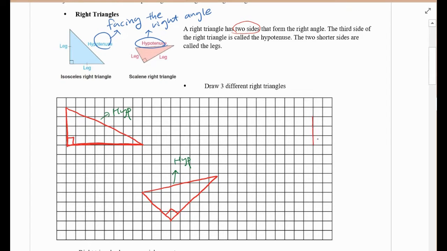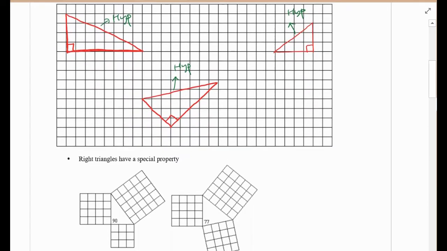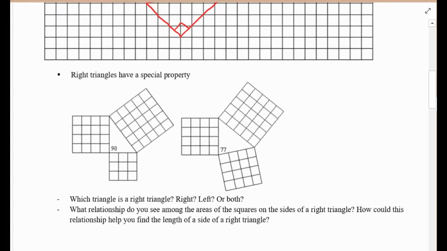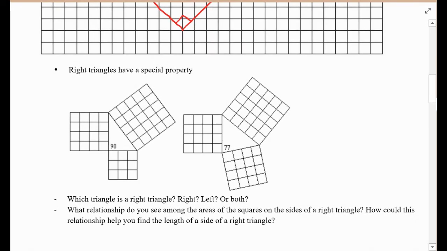And also I can draw this way. This is a right angle, and this is the hypotenuse. Okay, two legs and one hypotenuse. Okay, so right triangles have a special property. This is really important. Let's figure out what the property is.